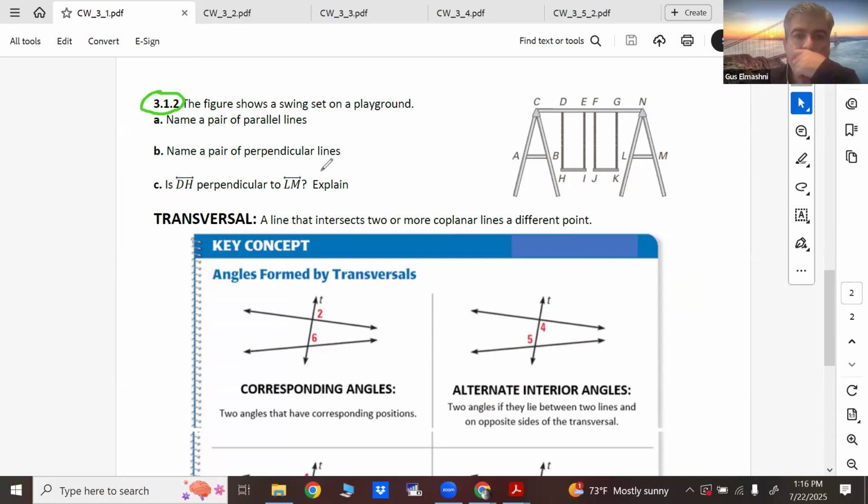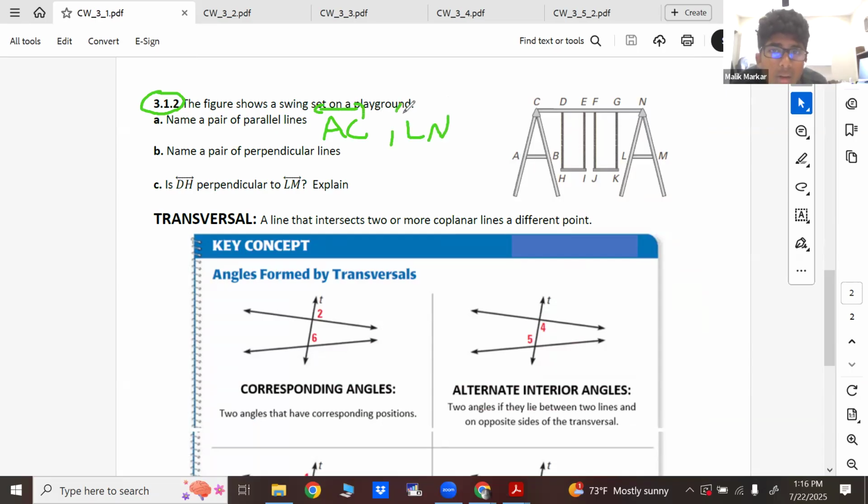Name a pair of parallel lines. So AC and LN. Okay. Perpendicular, what do you think? What would be perpendicular? HI and BD. Yeah, I agree.